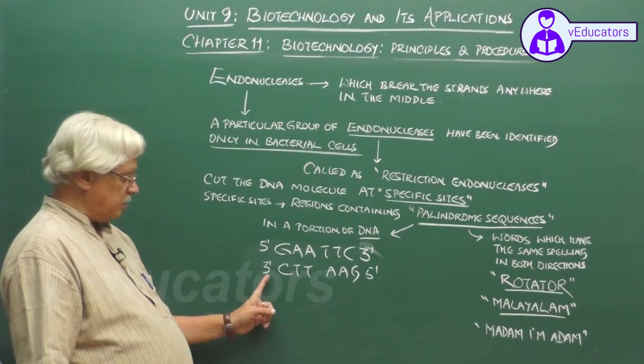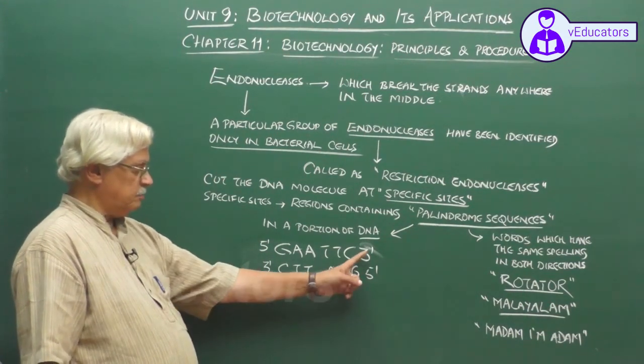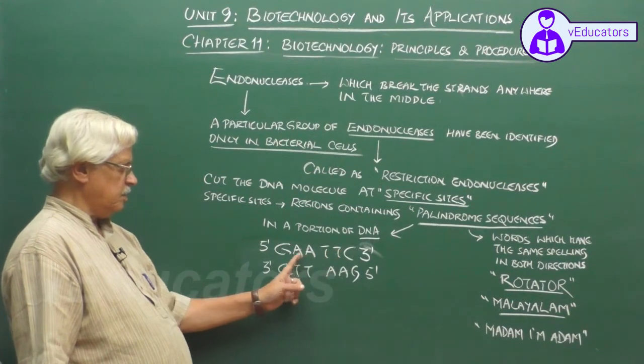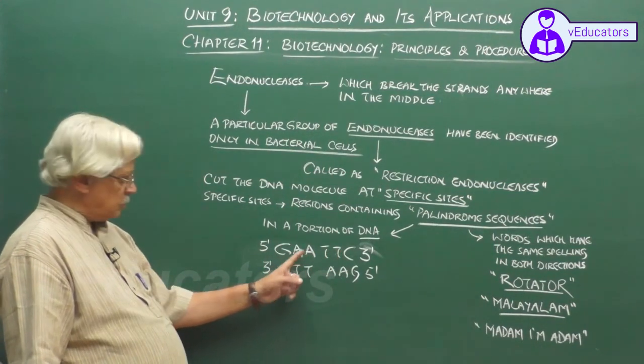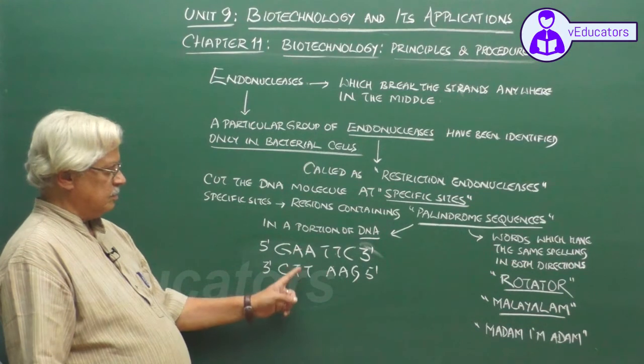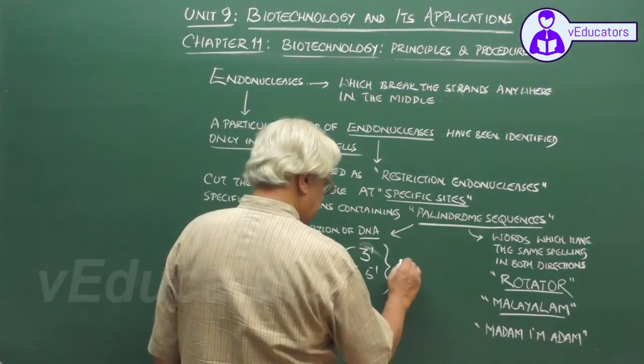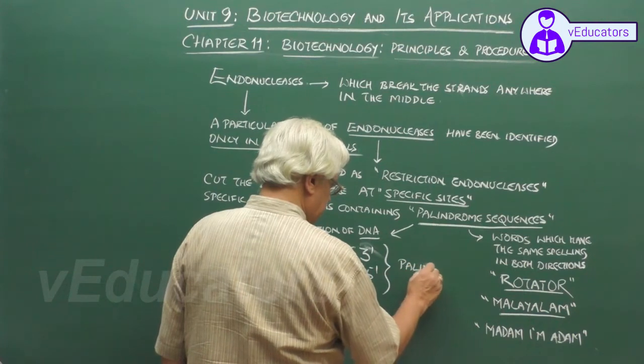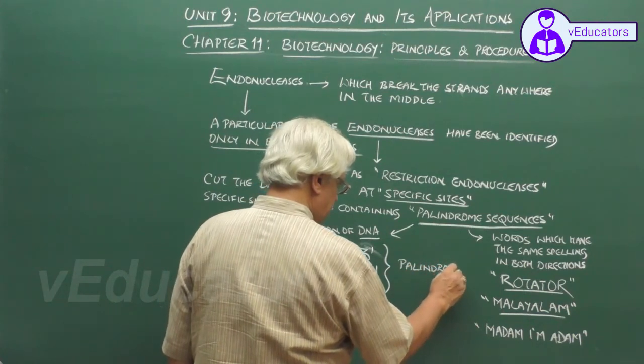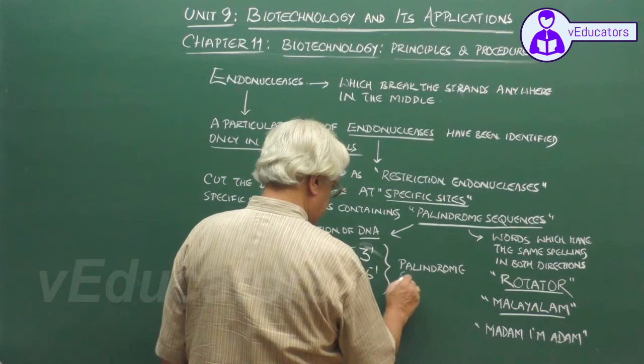From the 3' end, CTT AAG. Such a sequence is known as a palindrome sequence.